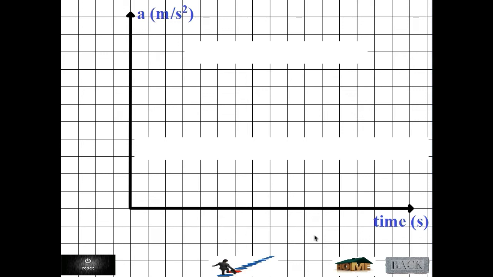Now I will try to draw the graph for the acceleration, for the velocity, and for x, the position, as we did in the last video for uniform rectilinear motion. The acceleration now is constant.